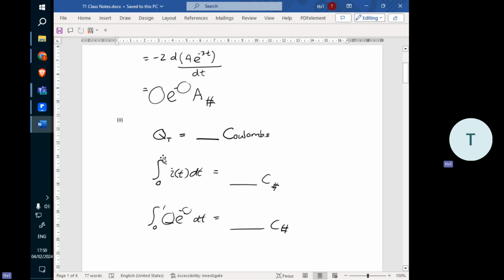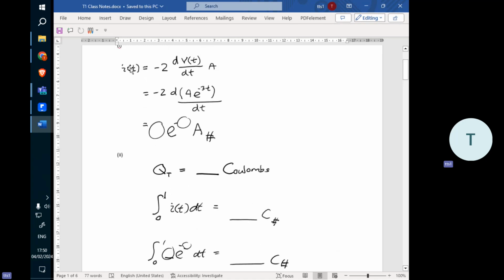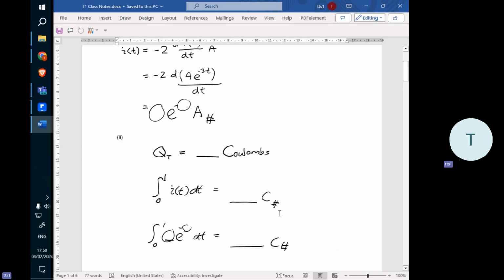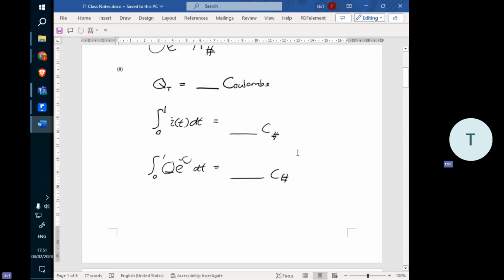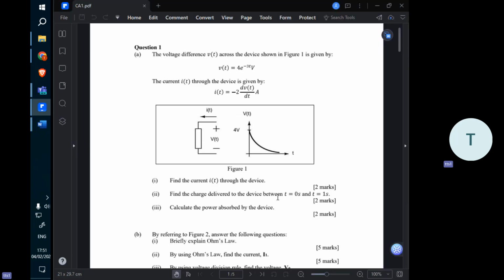Because the current is the flow of the charge, so you use the current function from part 1. So you need to obtain these answers in order to continue to part 2. So you do the integration of this function here, i(t), from 0 to 1, and then you'll get an answer in coulomb, C-O-U-L-O-M-B. Okay, so this is quite straightforward.